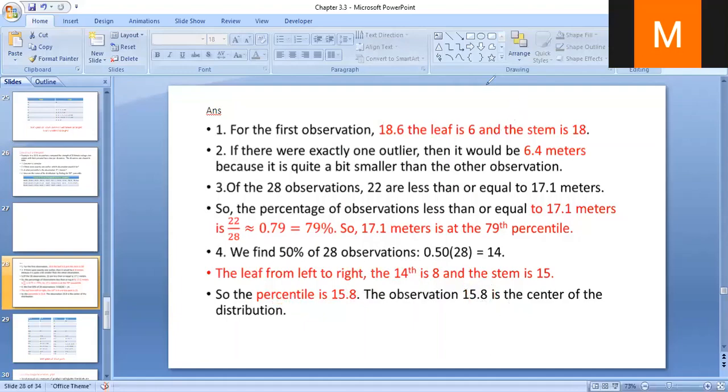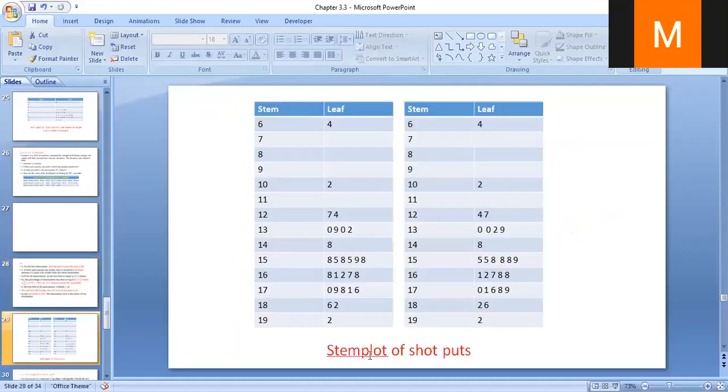You look on this one and find 14: 1, 2, 3, 4, 5, 6, 7, 8, 9, 10, 11, 12, 13, 14, here 14, 15.8. The 50th percentile is 15.8.